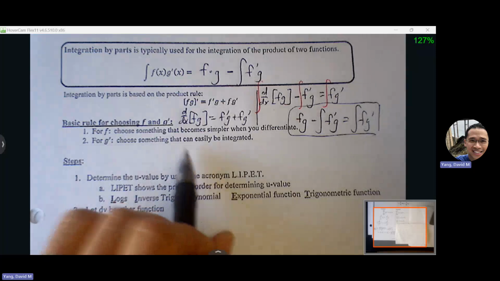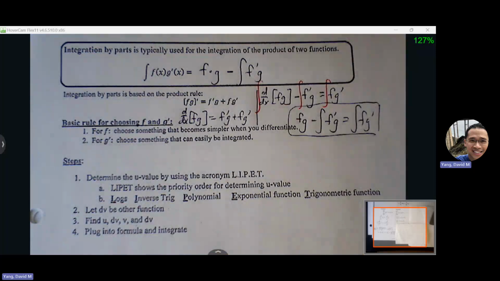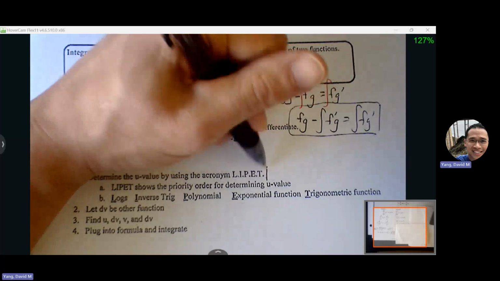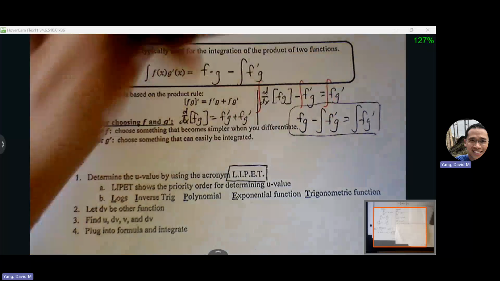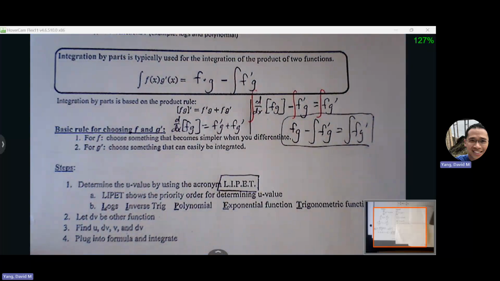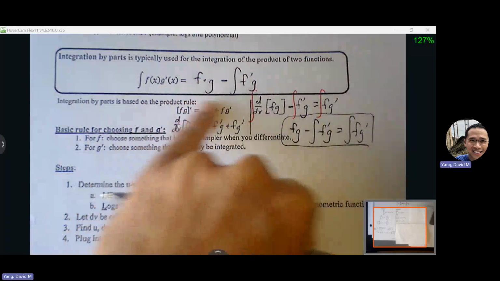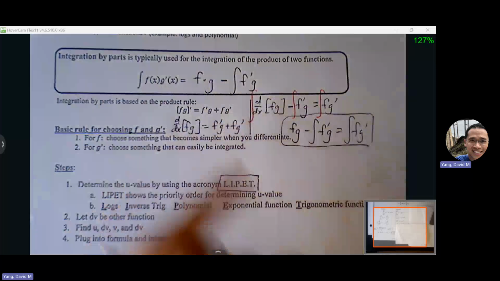For g prime, they say to choose something that can easily be integrated. Another way to think about finding that f value, I have u value here. These steps are using a different set of variables. I'm going to stick with f and g here.